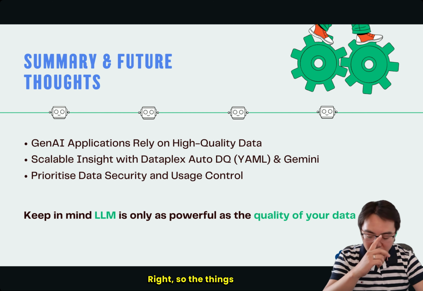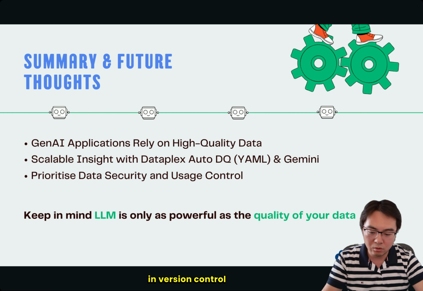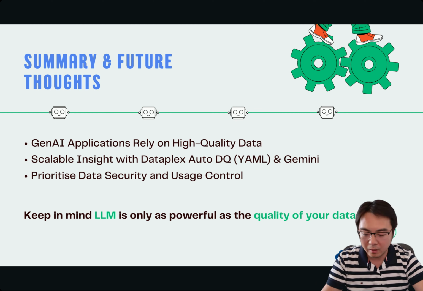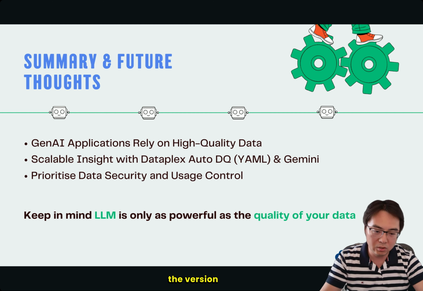The things I showed you are all in version control, and I don't think you should remove that. Whatever you do, it should be kept in a way that you can revert to a previous version. This is why I've spent quite a bit of time making sure the solution is solid, in the sense that if something does go wrong, you have the previous version, right? That can only be achieved through something like version control.